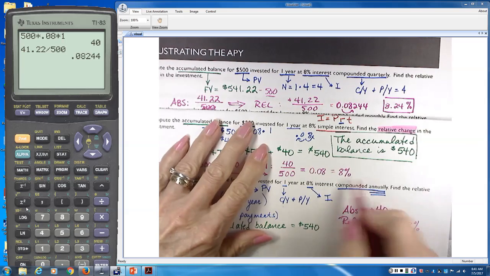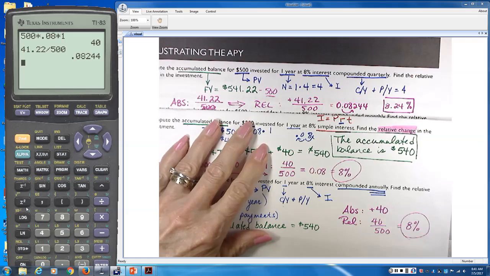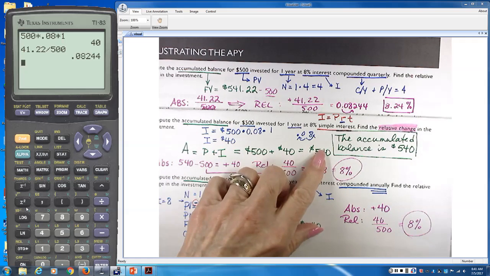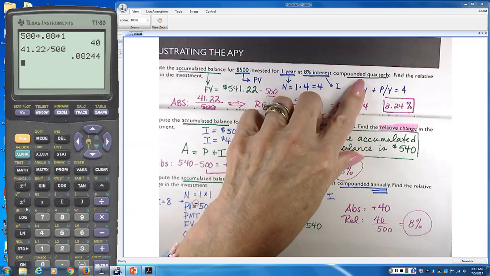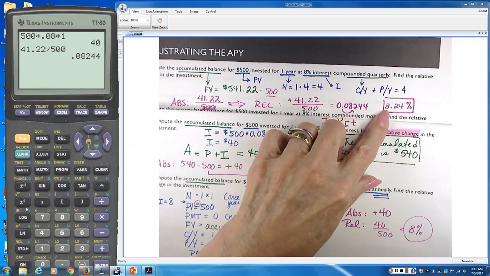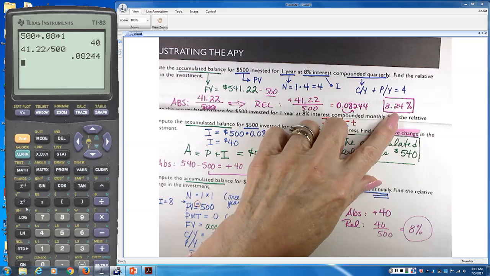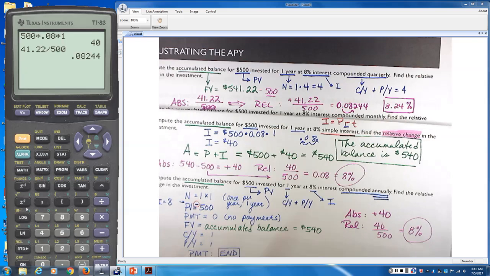Before, 8%, 8% if it was simple interest, still 8% if it was compounded annually. But when you start compounding quarterly, you get 8.24%. That's an additional 0.24%, almost a quarter of a percentage point.